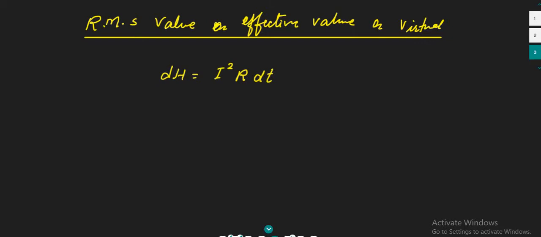Now, to find the expression of RMS value, you can see here dH equal to I square R dt. That means for a small time interval, the heat produced in the wire must be dH.